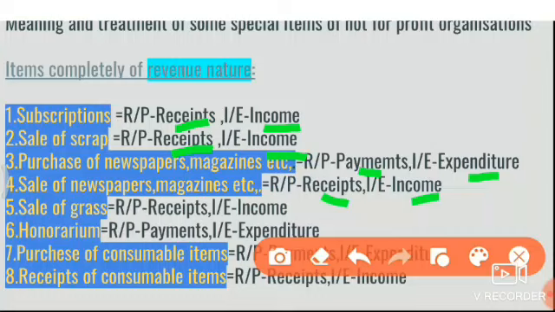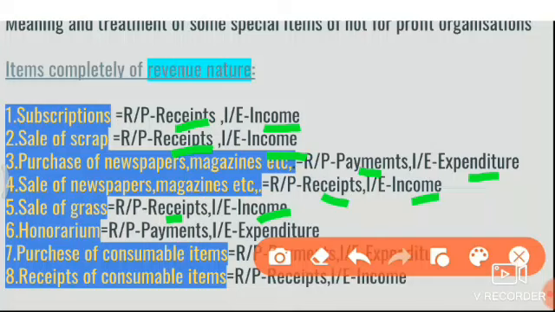Number 5, sale of grass. Any receipts from the sale of grass of the garden or any other receipts from the product of the garden of the not-for-profit organization are treated as receipts in the receipts and payments account, and also as an income in the income and expenditure account.